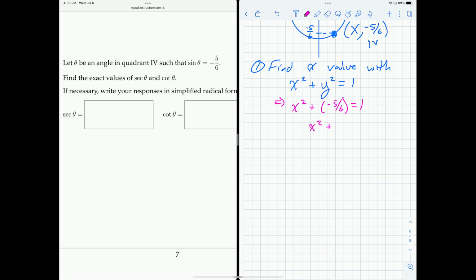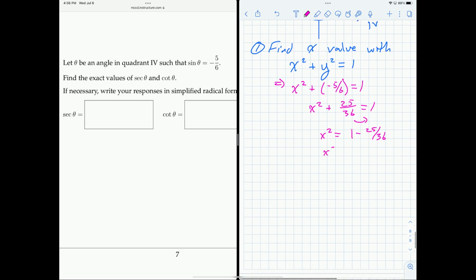So x squared plus 25/36 is 1. Move this over. X squared is 1 minus 25/36. Punch that into a calculator. 36 minus 25 is 11, so 11/36. And then x is going to be plus or minus the square root of 11/36.